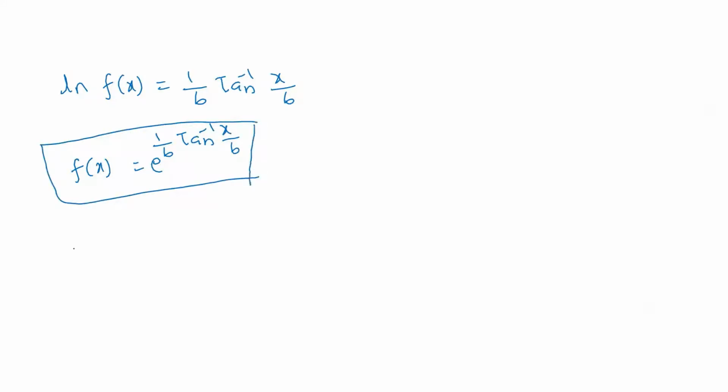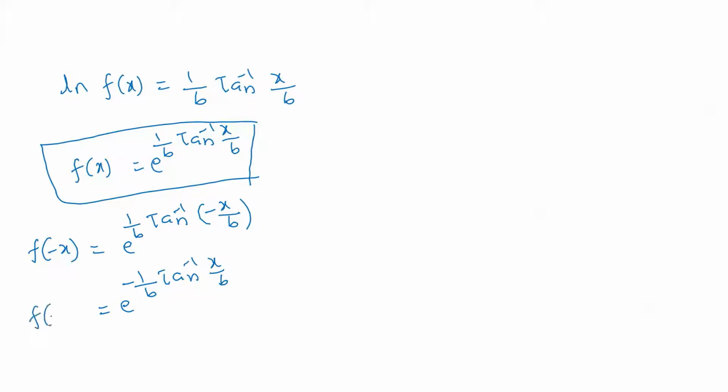In two of the options, they are talking about f(-x). So let's find out what f(-x) will be. That will be equal to e raised to 1 upon b tan inverse of minus x upon b, but for tan inverse of a negative, the negative sign will come out using the properties of tan inverse. So that will be e raised to minus 1 upon b tan inverse of x upon b.